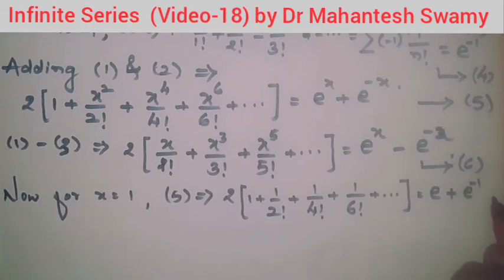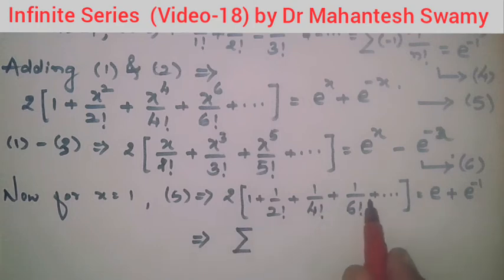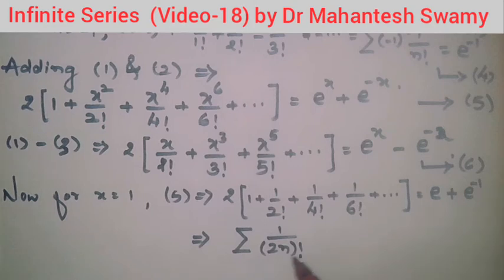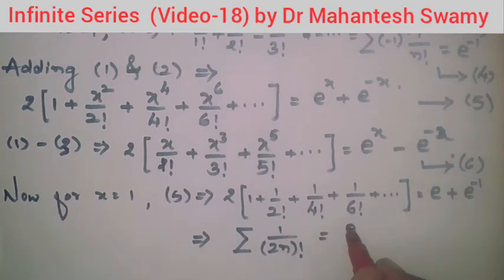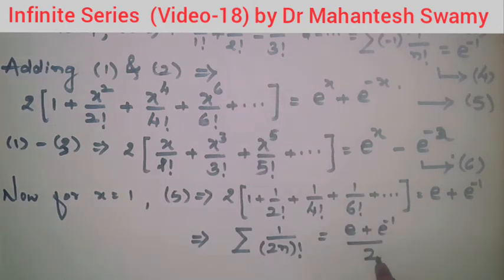As it is we shall write over here, and this implies, I am transferring 2 to the other side. So it is 1 plus 1 by 2 factorial plus 1 by 4 factorial, that can be written as summation of 1 divided by 2n factorial, the even number 2n factorial, equals to, on RHS, e to the power of 1 plus e to the power of minus 1 divided by 2. This 2 has been transferred and we got this thing.